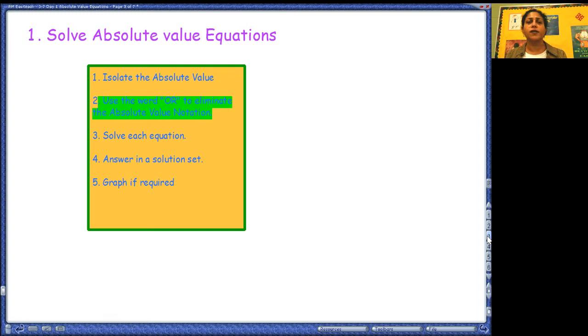You want to isolate the absolute value first, and then because we always solve equations using inverse operations, we want to use the word or in this case to eliminate the absolute value notation. You will end up with two equations and you're going to solve each one of them and answer in a solution set and graph if the question asks you to.